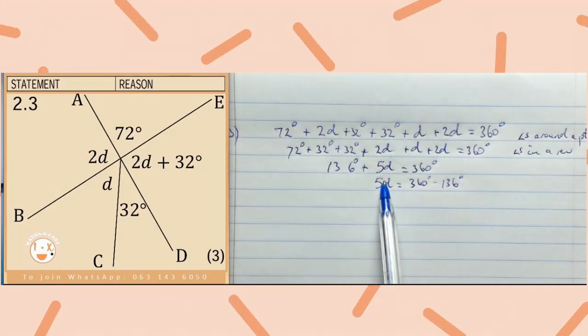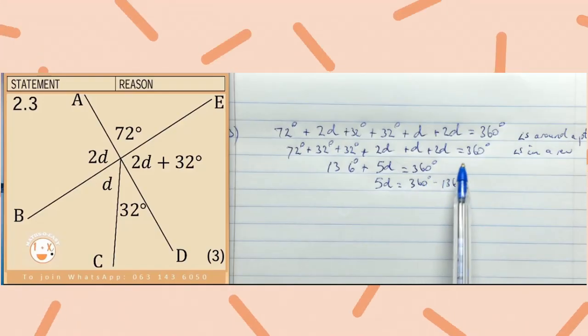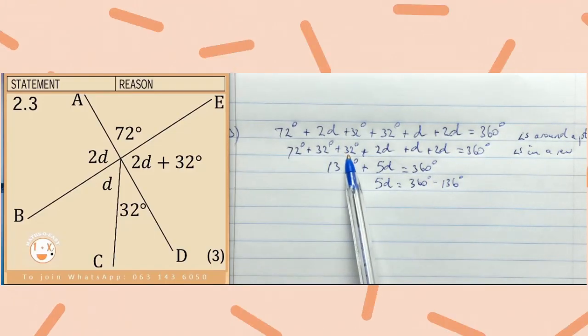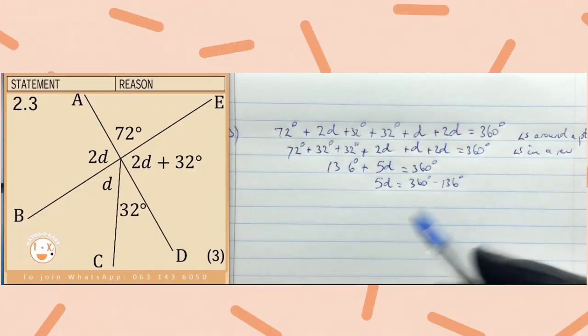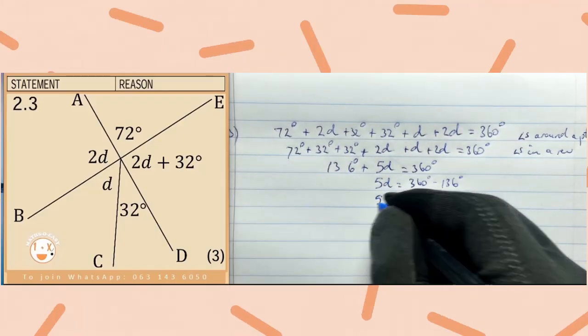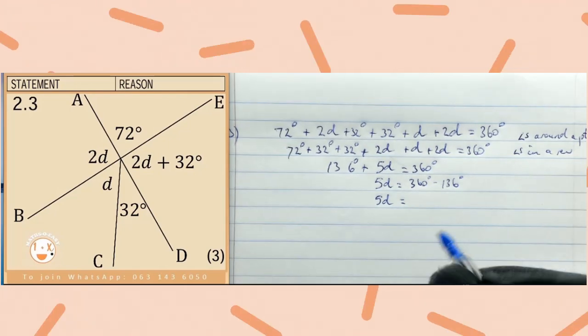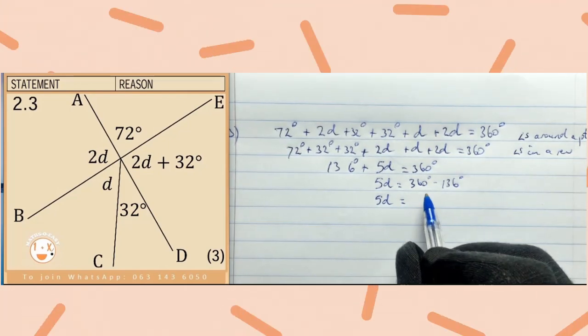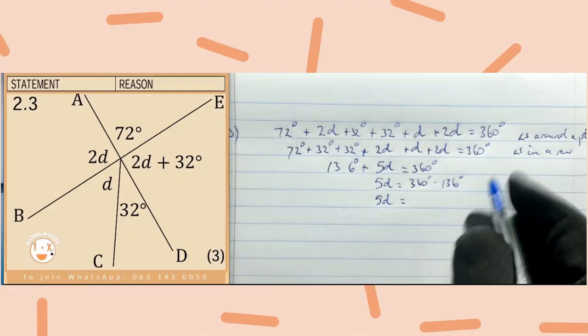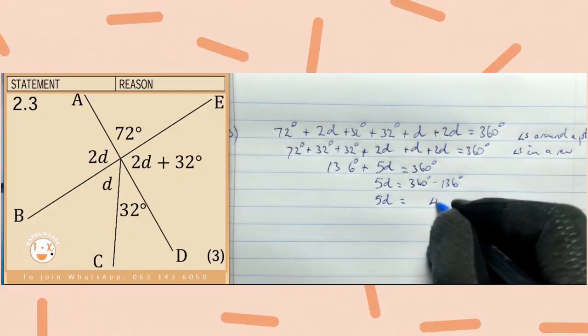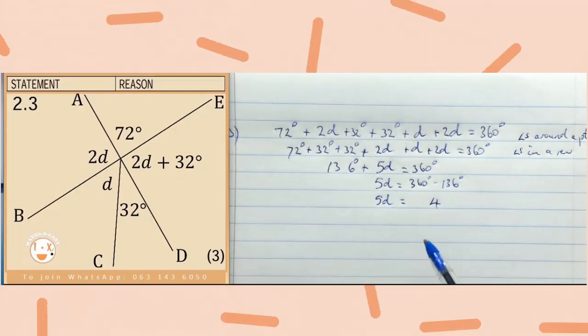Then you say they are equal to 360 minus all these numbers in your calculator, without writing them down. Then what will you have? You will have 5D equals, in your calculator, you'll get the answer, which will be what? 10 minus 6 is 4.